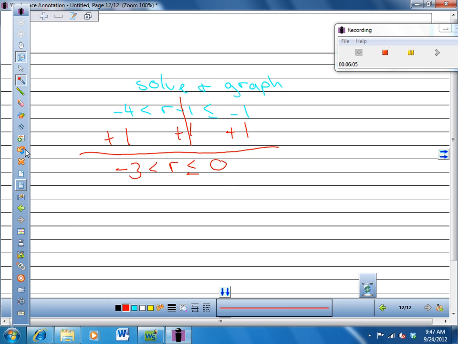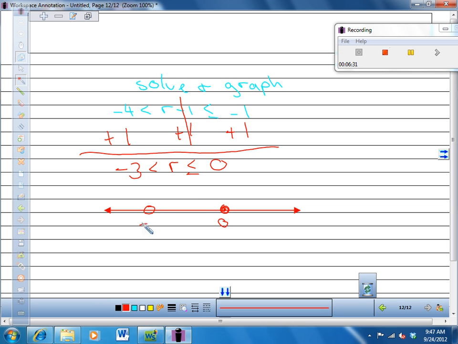And then to graph it, you just do a number line, and you put a point at 0, which is kind of weird. Do I put an open or closed circle at 0? Closed circle, right? Because it's less than or equal to. And do I put an open or closed circle at negative 3?